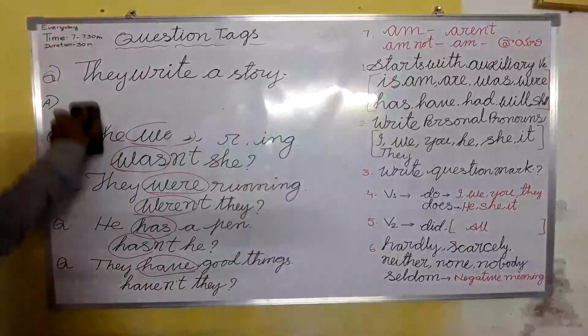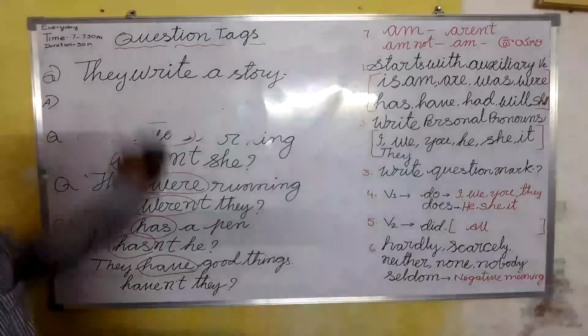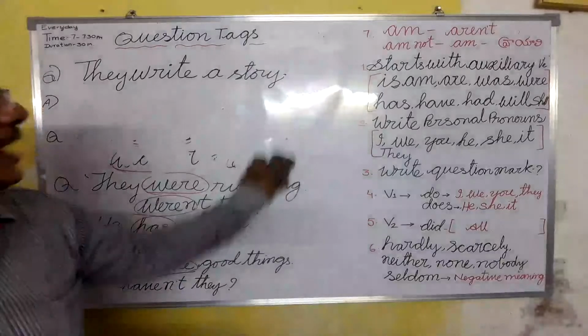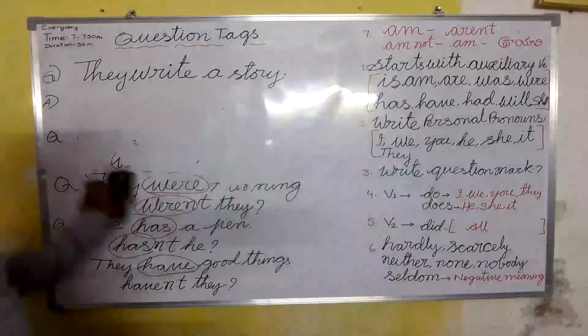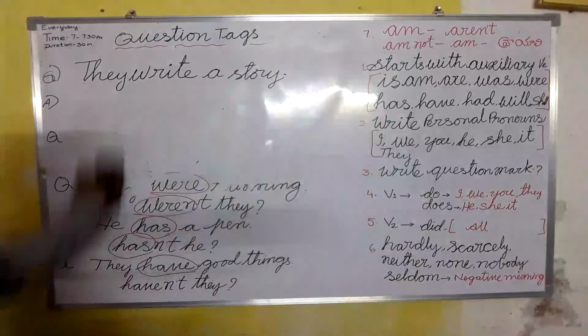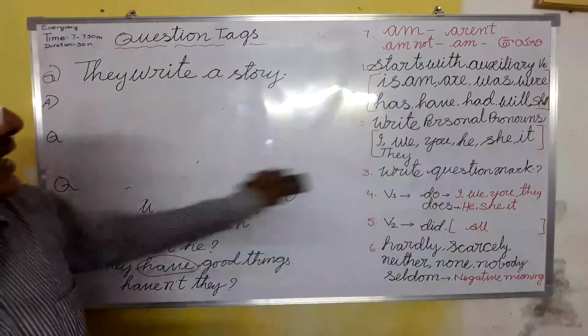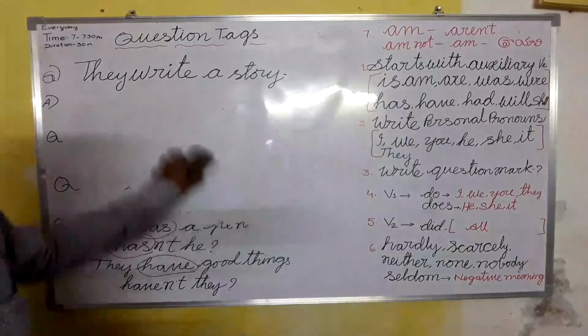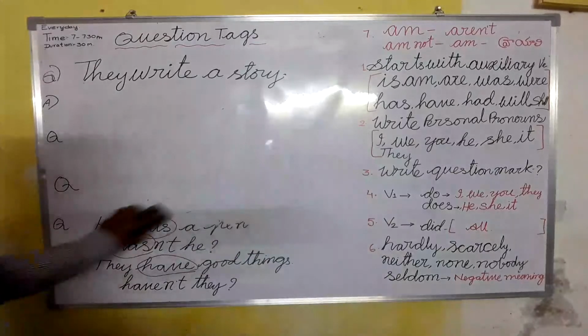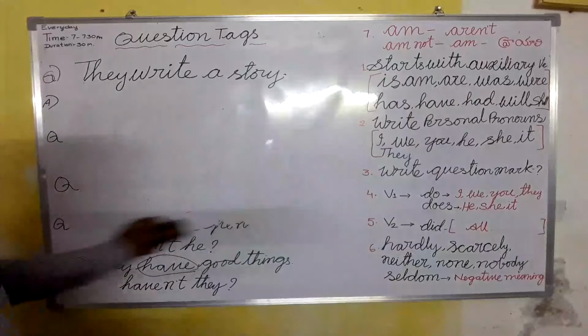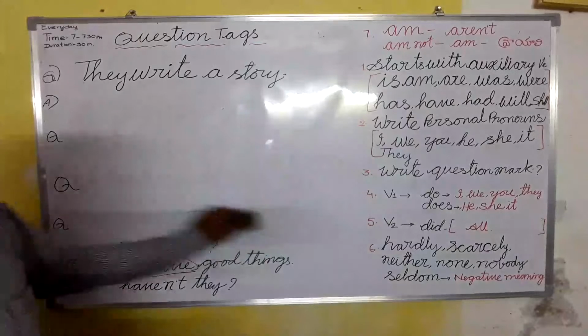Okay, so if you don't have an auxiliary verb in the sentence, you have to see the main verb. What is the main verb here? The main verb is write, W-R-I-T-E.